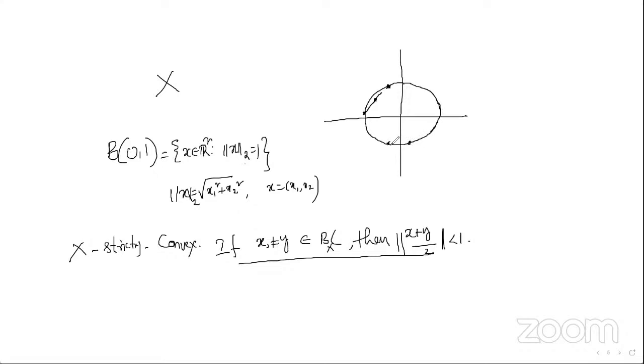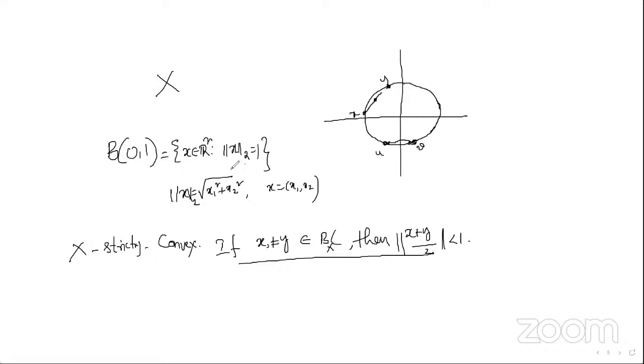Suppose earlier I have taken two points x, y on the boundary in such a way that this distance is the same as this distance. I have taken two pairs of points in R2 such that the xy distance is the same.